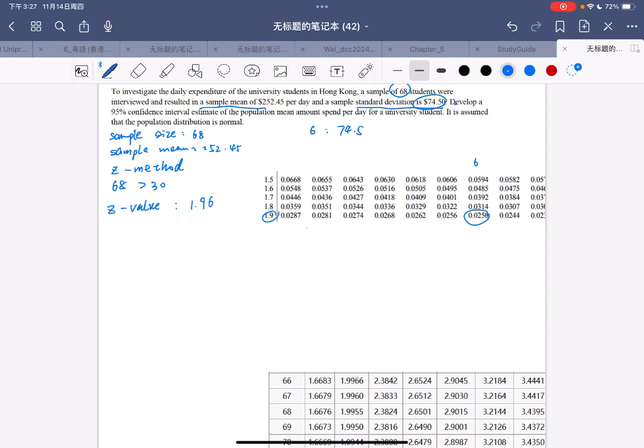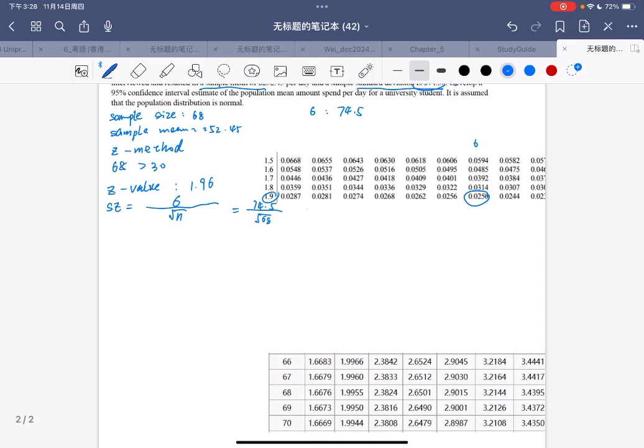Secondly, we need to calculate the standard error. We use the sample standard deviation divided by the square root of n, so it's equal to 74.5 divided by the square root of 68. Finally, we can calculate the confidence interval. We use the sample mean plus and minus the Z value times the standard error.